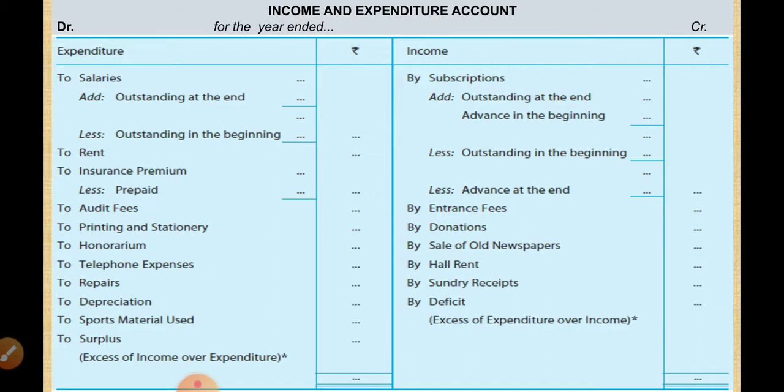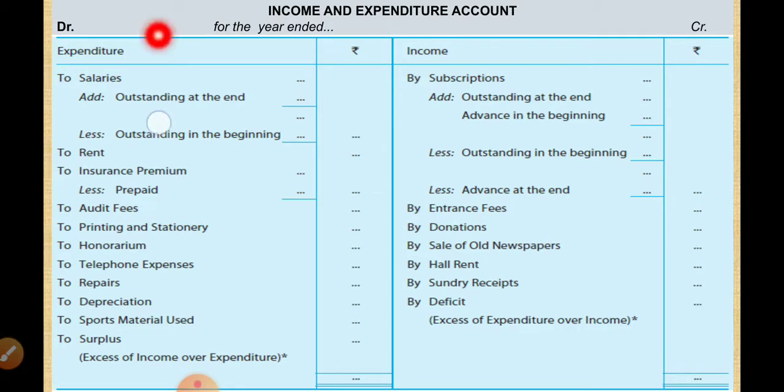Now the next point which you have to keep in mind is income and expenditure account is based on accrual basis. Accrual basis means irrespective of cash received or not, if an income is said to be accrued in a given year, it is shown in the income side.